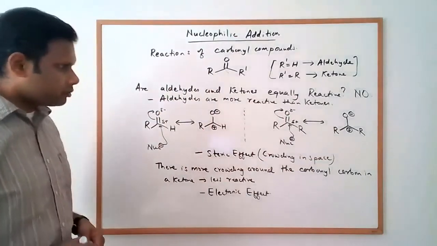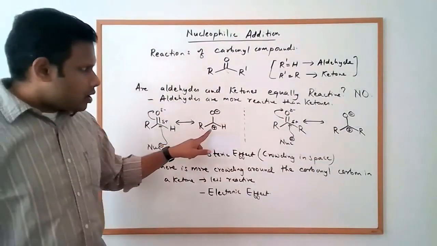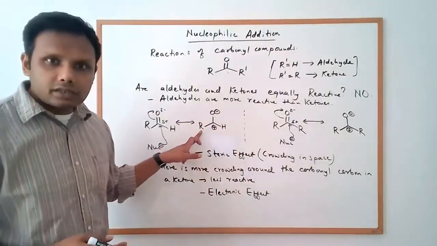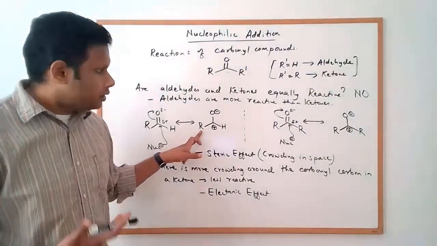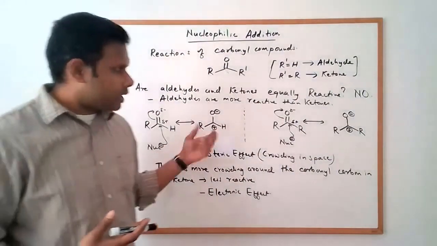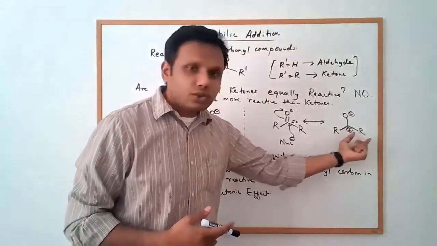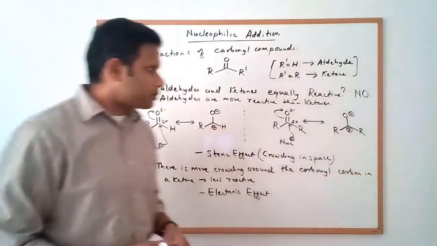on that carbon atom. Now, again, the difference is the carbonyl carbon in the aldehyde is connected to one R group or one carbon containing group, alkyl group, whereas the carbonyl carbon in a ketone is connected to two alkyl groups.